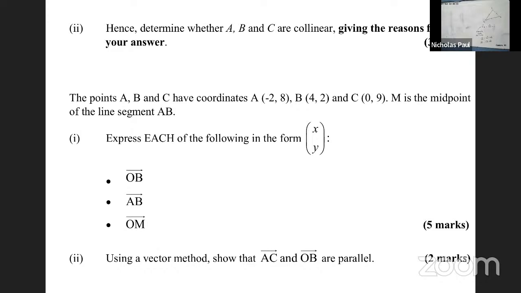Everybody doing SATs? No. Trying to get back at teacher. 3, 4, 5, 8, 6.